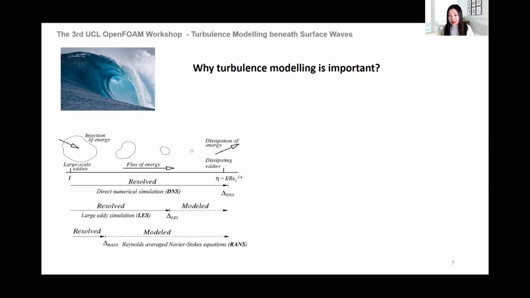This is why Reynolds-averaged Navier-Stokes simulation is the most commonly used approach for simulating turbulent flows, since it requires the lowest computational cost. And in RANS, only the large-scale eddies are resolved and the remaining scales are all modeled.